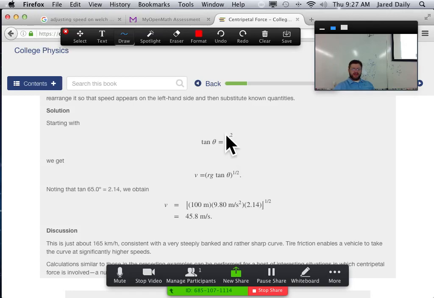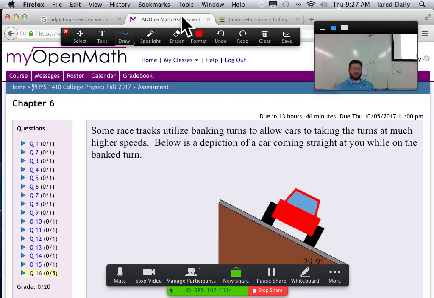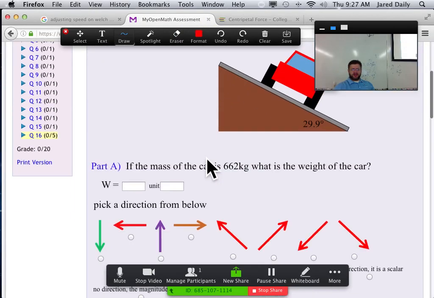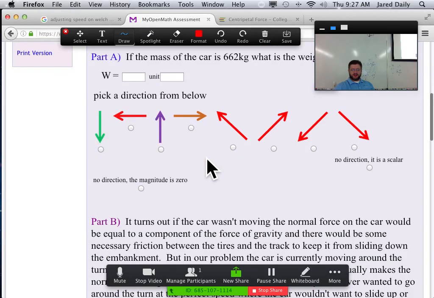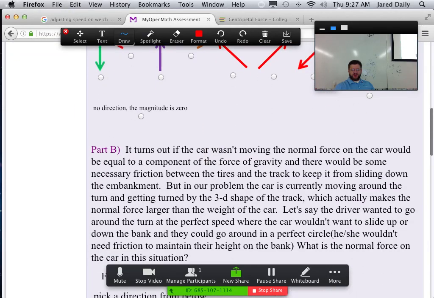We don't know the speed or the radius, right? We know the mass and we know the angle.